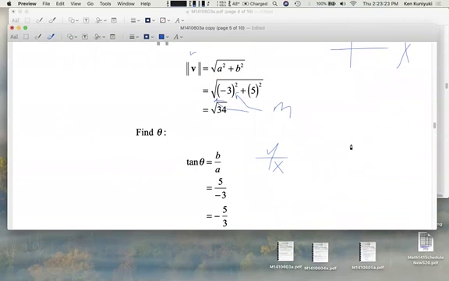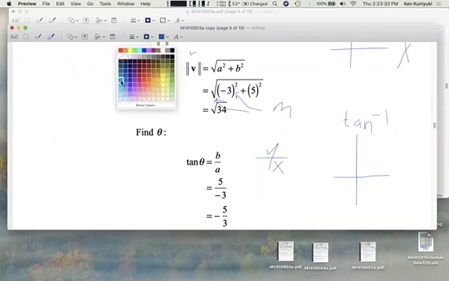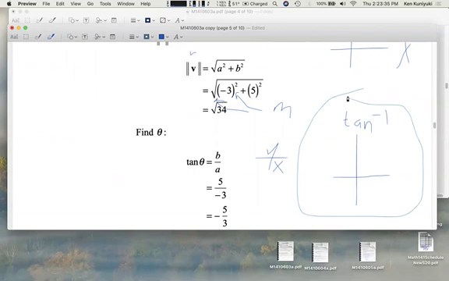Now, folks, if you were to do the inverse tangent, let's think about this. What's the range for inverse tangent? It involves quadrant 4 and quadrant 1, right? This represents the range for inverse tangent.